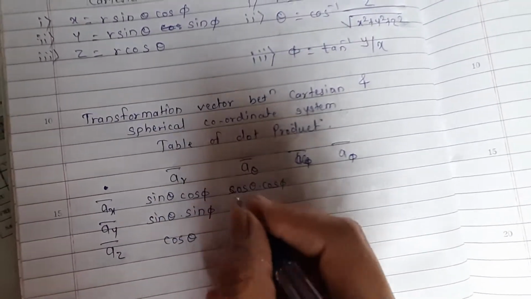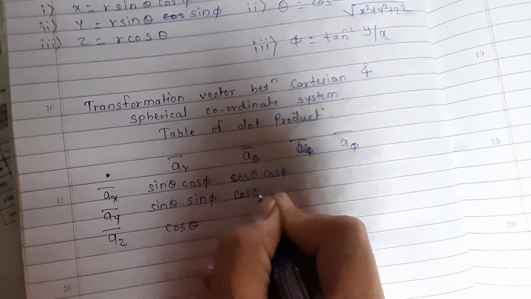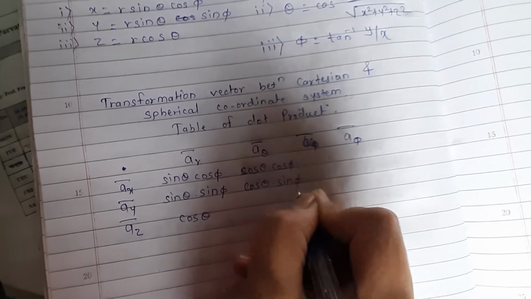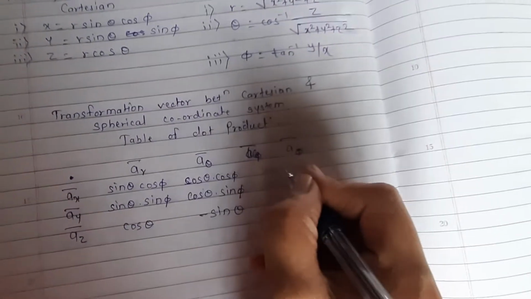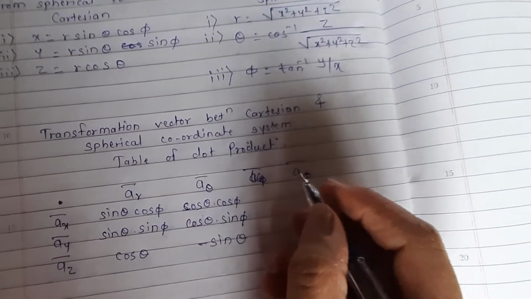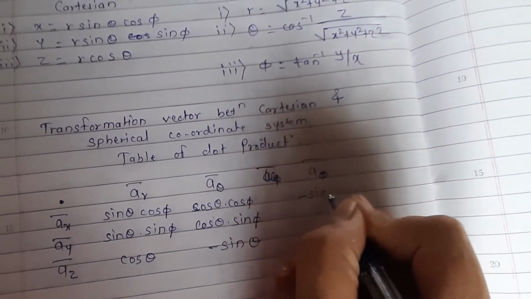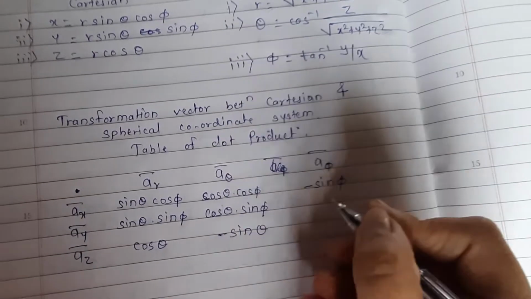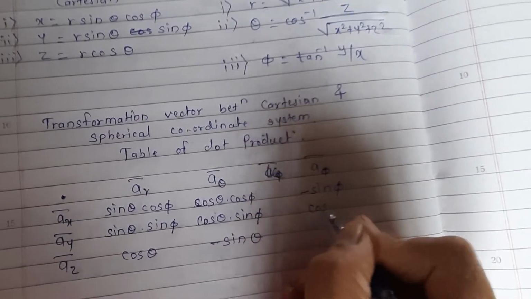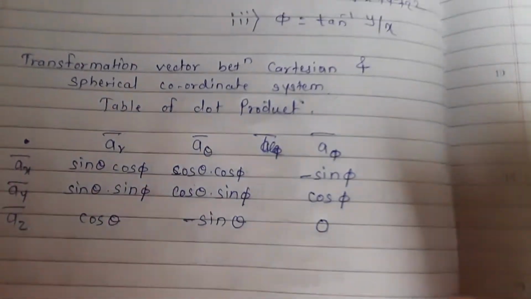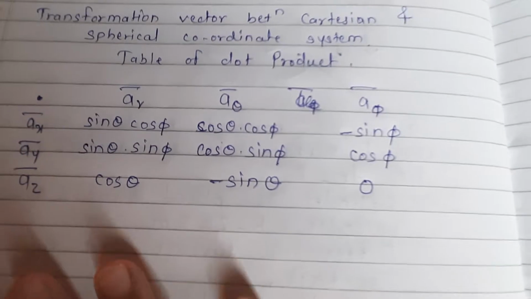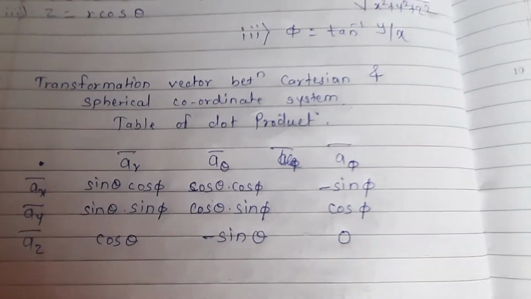Ay bar dot A theta bar is cos theta sin phi, and this is minus sin theta. Ax bar dot A phi bar is minus sin phi. Ay bar dot A phi bar is cos phi, and this is 0. So these are the formulas which are used for solving the problems.